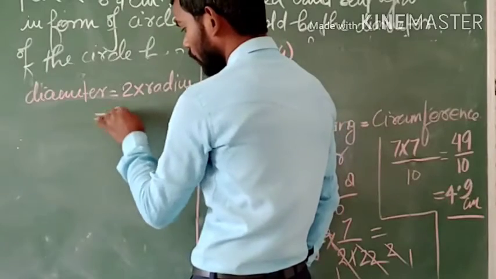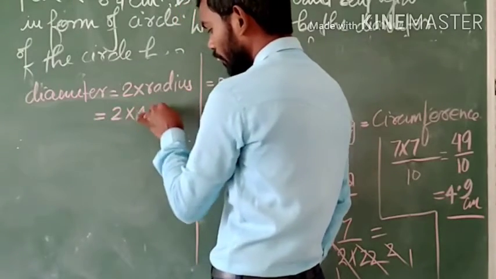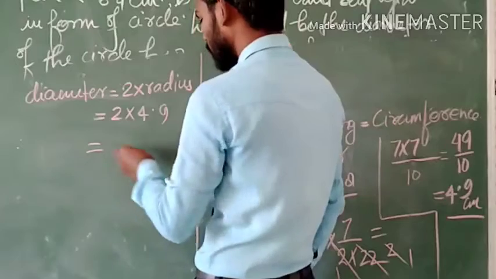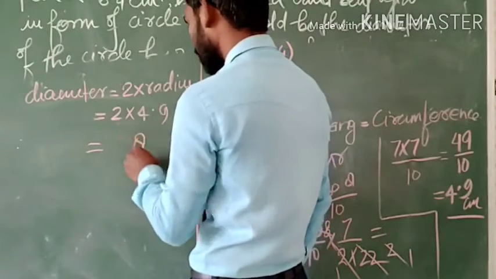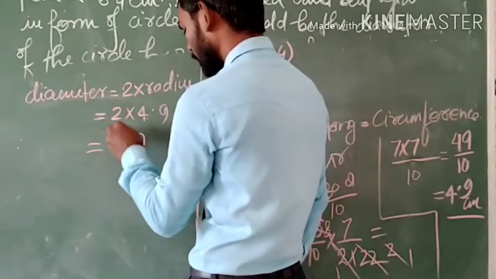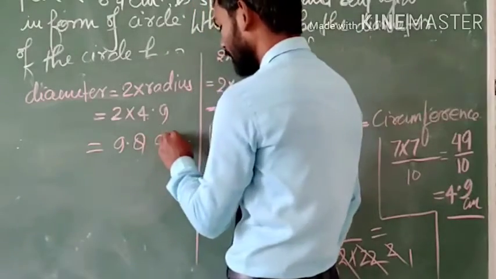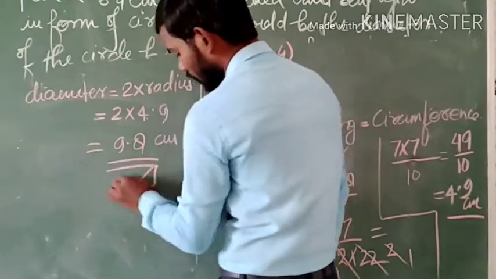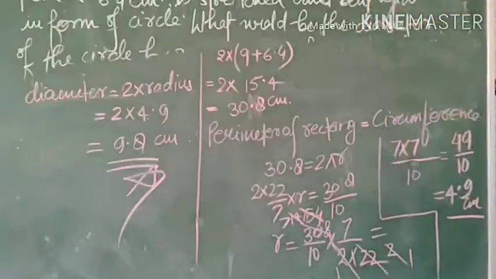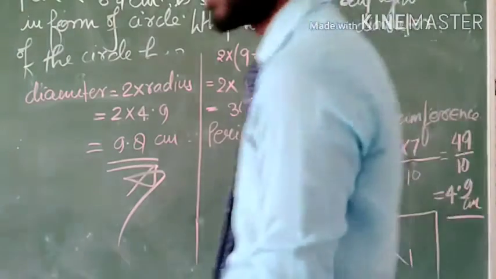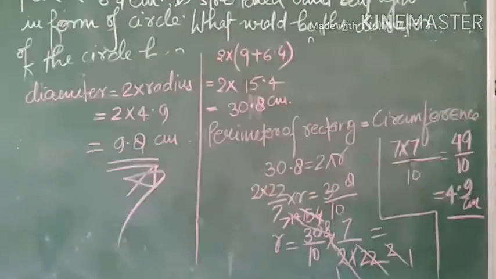So this will be equal to 2 multiplied by 4.9, which gives us 2 9s are 18, 2 4s are 8 plus 1, 9 centimeter. Therefore, the diameter is 4.9 centimeter. Sorry, 9.8 centimeter.